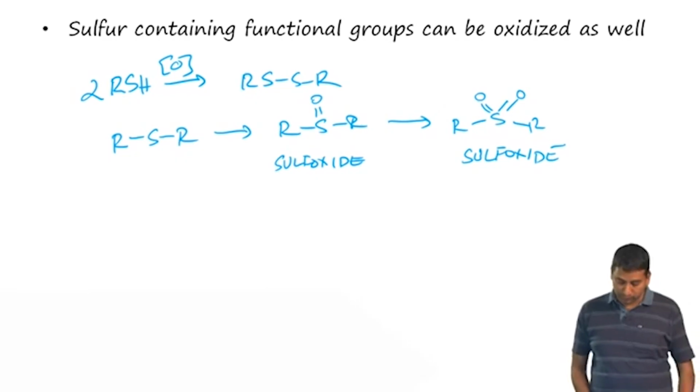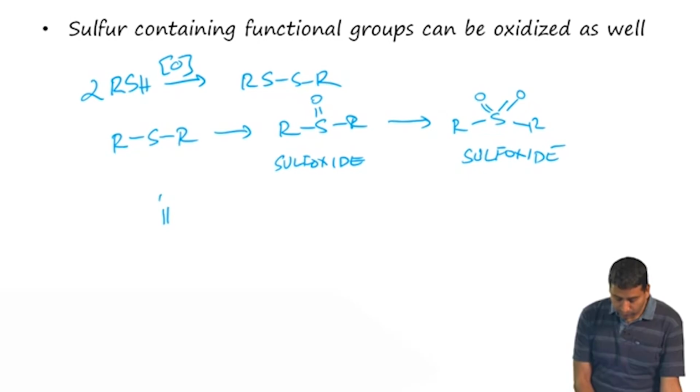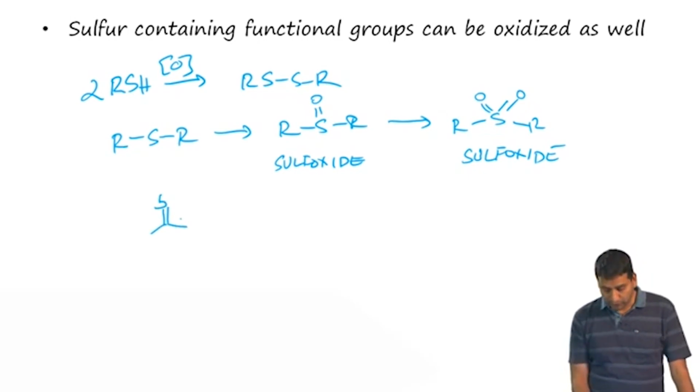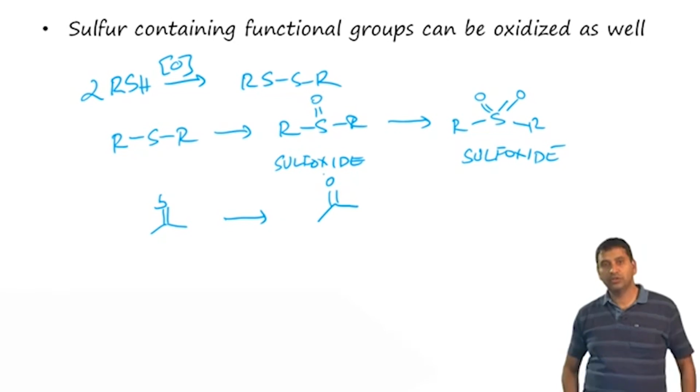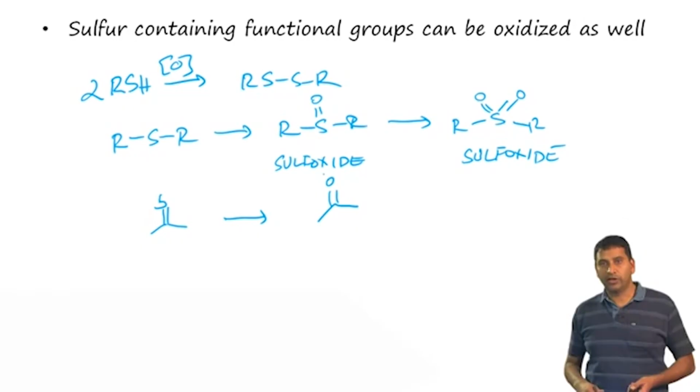Okay, so, all these are possible. If your drug has a thiocarbonyl compound such as this, then you can also have oxidation, you can have a desulfuration to give you a ketone. So, these are some of the fates that we can expect of sulfur containing compounds.